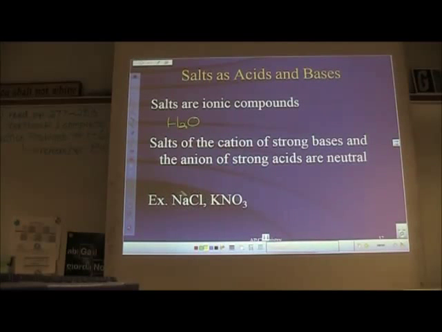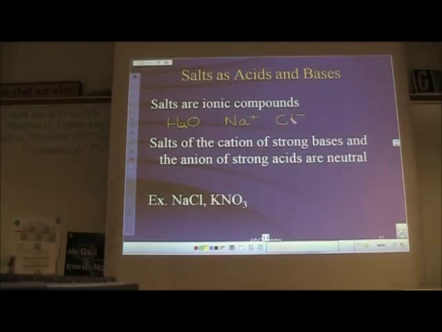Let's look at this example right here, sodium chloride. Can you please tell me, if I put sodium chloride into water, what happens to it? Okay? Chemically, what does it mean for something to dissolve? Dissociate, ionize. Okay? So I'm going to have a bunch of Na pluses and Cl minuses floating around.